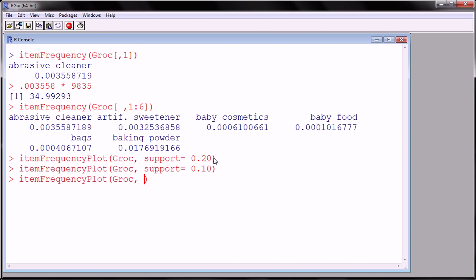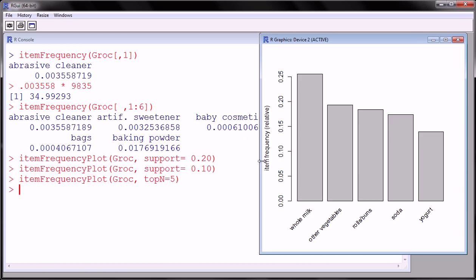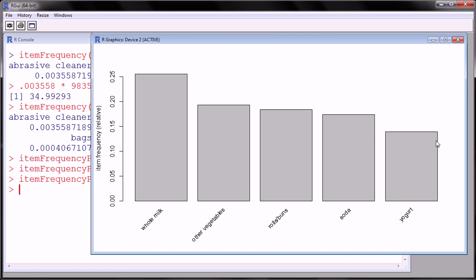Another way you can use the item frequency plot function is to specify that it show you the top 10, let's say, or however many, top 5 items. By top 5 we mean the items that have the top 5 support, so that show up the most. So whole milk, and it orders them.